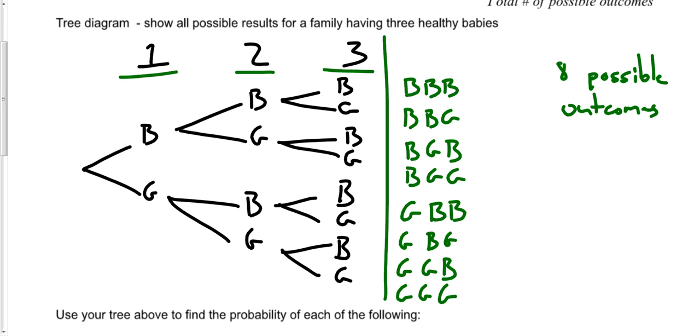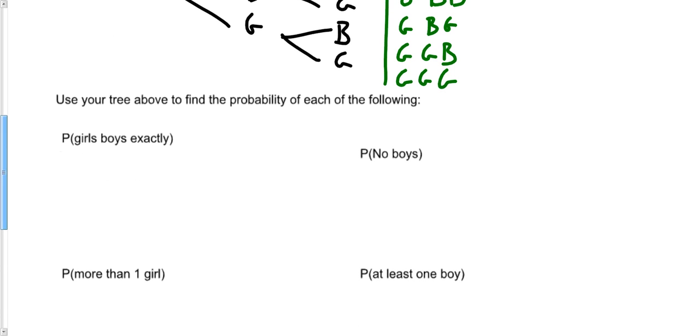Okay, so once you determine that you have 8 possible outcomes and you've made your tree diagram, then you can determine for yourself the probability of getting each combination. So if we scroll down, we want to figure out, using the tree diagram above, what's the probability of getting each of the following. So let's say 3 girls and 0 boys exactly.